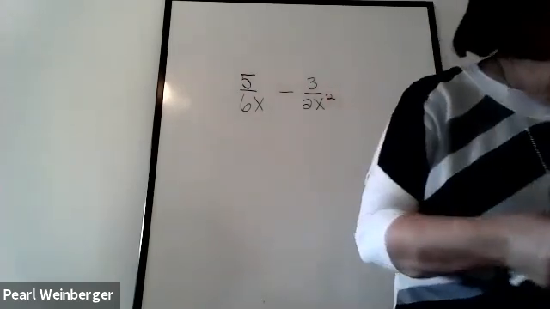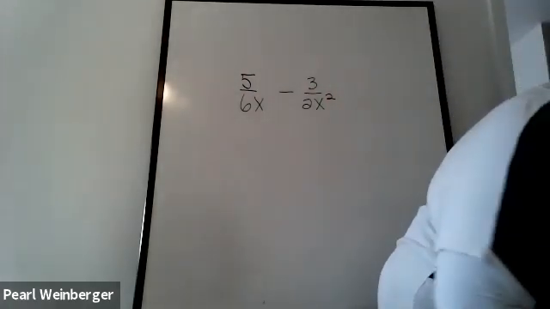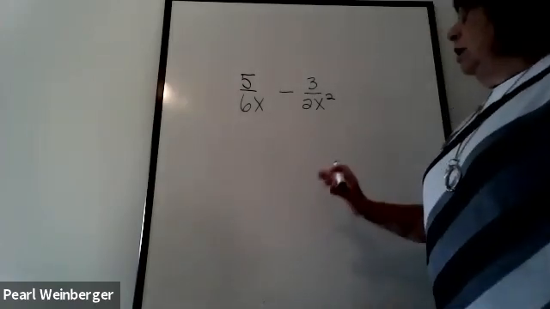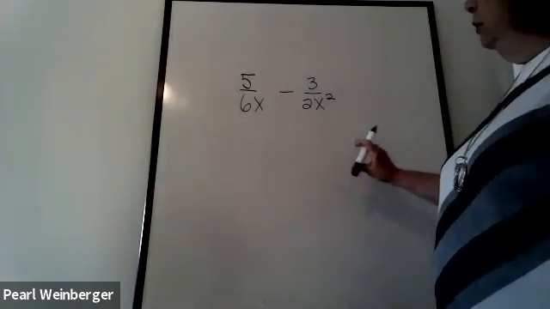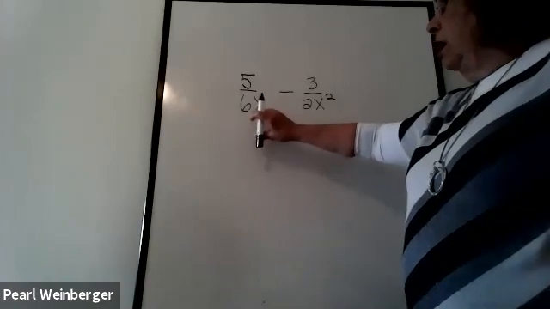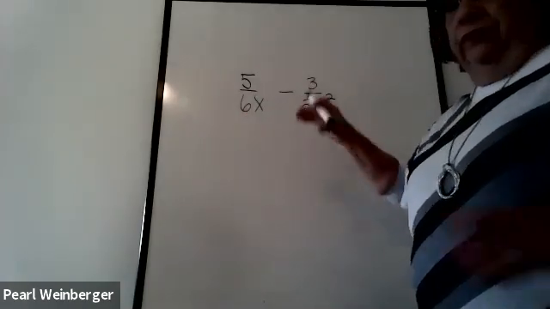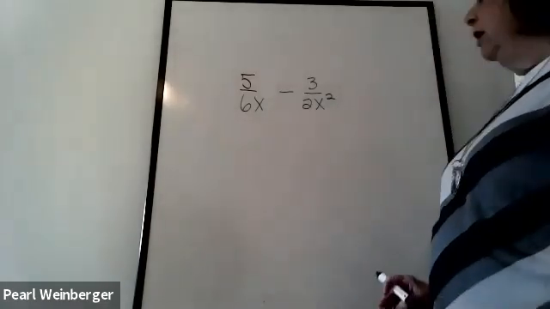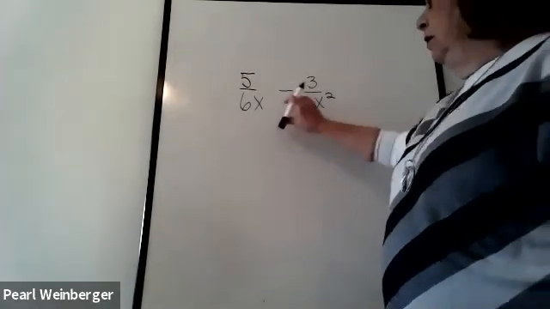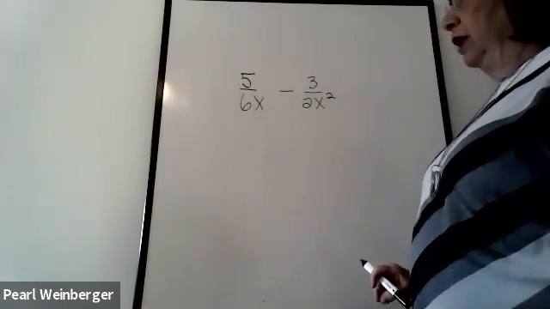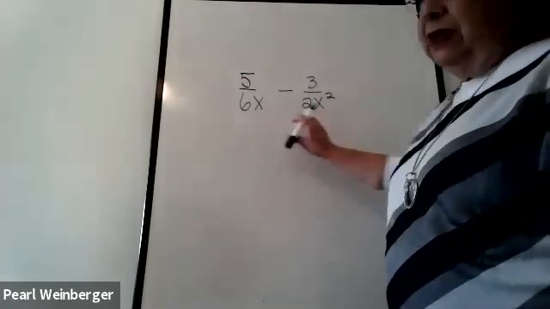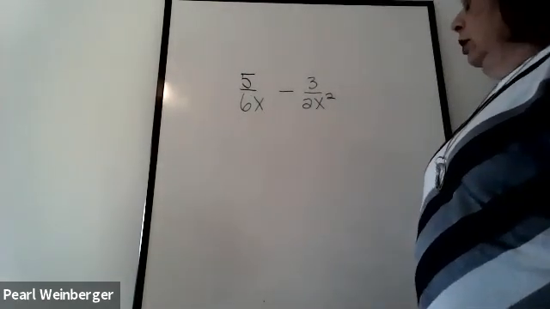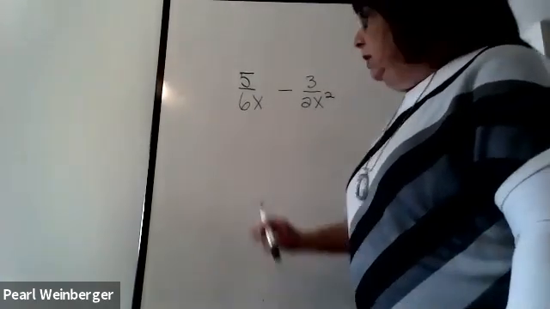What if I asked, I'm going to do it very slowly, and then I'll go back and show you a little bit quicker way of doing it. Obviously this is subtract these two fractions. They don't have the same common denominator, so I have to find a common denominator.